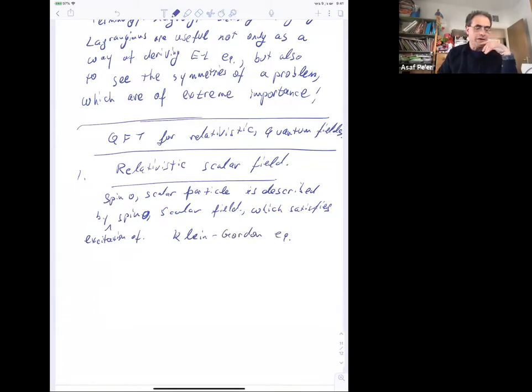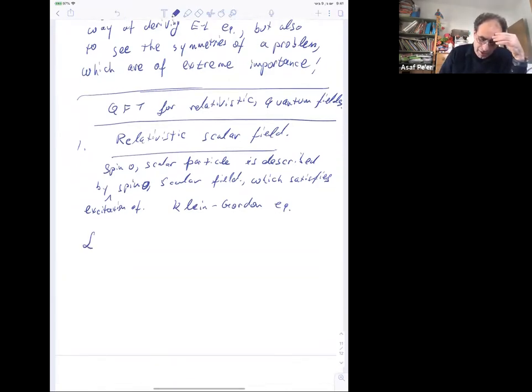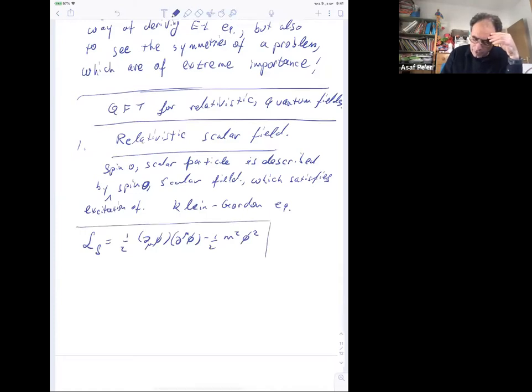So you have to have a Lagrangian for a free, non-interacting scalar field, which must be of the form that we can retrieve back the Klein-Gordon equation. So the way to write this is L, the Lagrangian, L_S, sorry, is 1/2 d mu phi d mu phi minus 1/2 m squared phi squared. This is the Lagrangian.